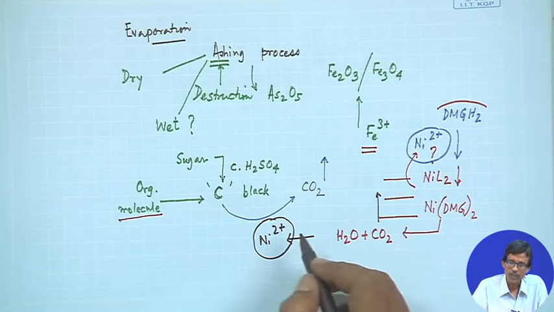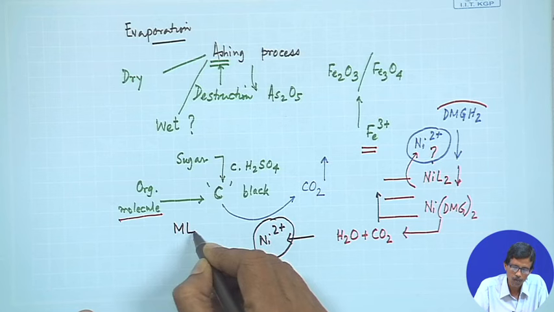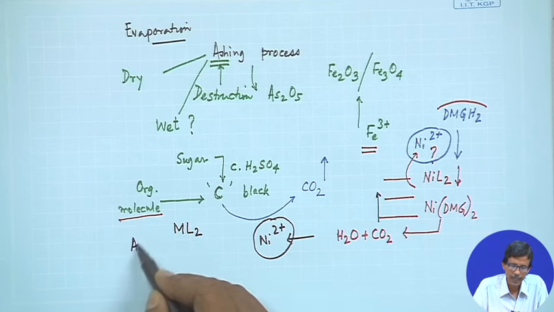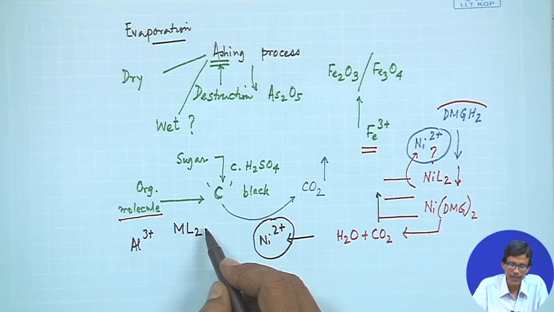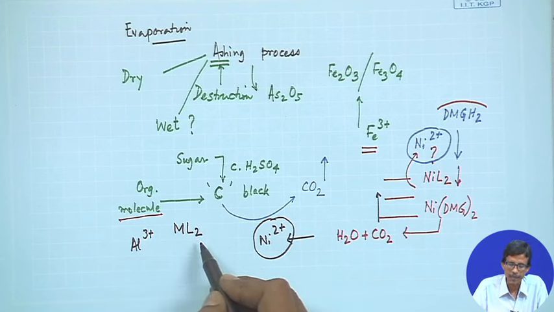This is also true for any general metal complex. This can be any metal ion, it can be Al3+ also, and this can be any useful ligand which binds to the metal ion to give the corresponding complex.